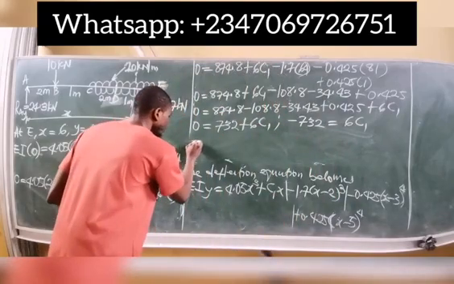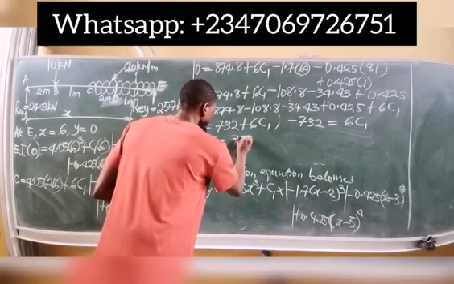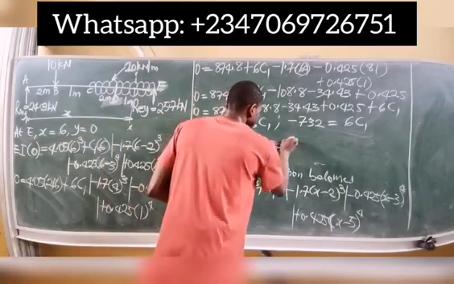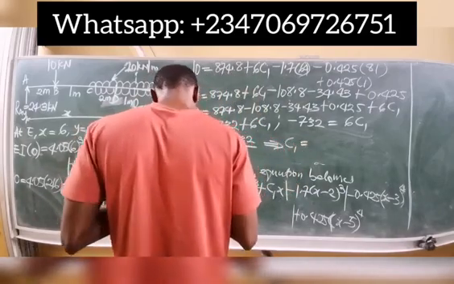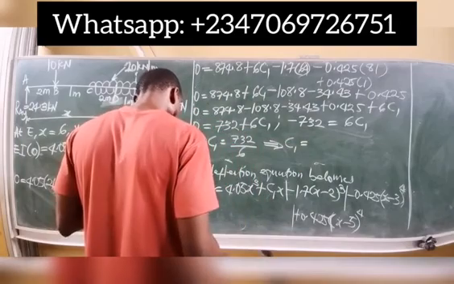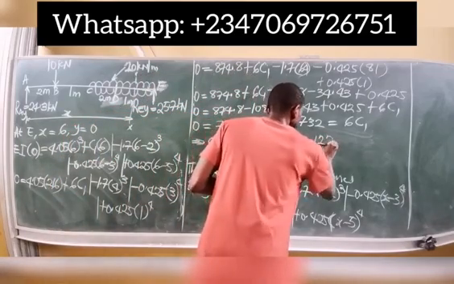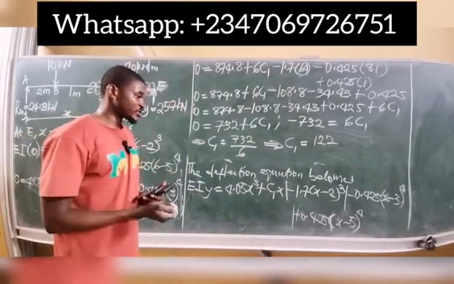So this implies that C1 is 732 all over 6, which implies C1 is equal to, that gives us simply 122. So that gives us a value for the second constant of integration.